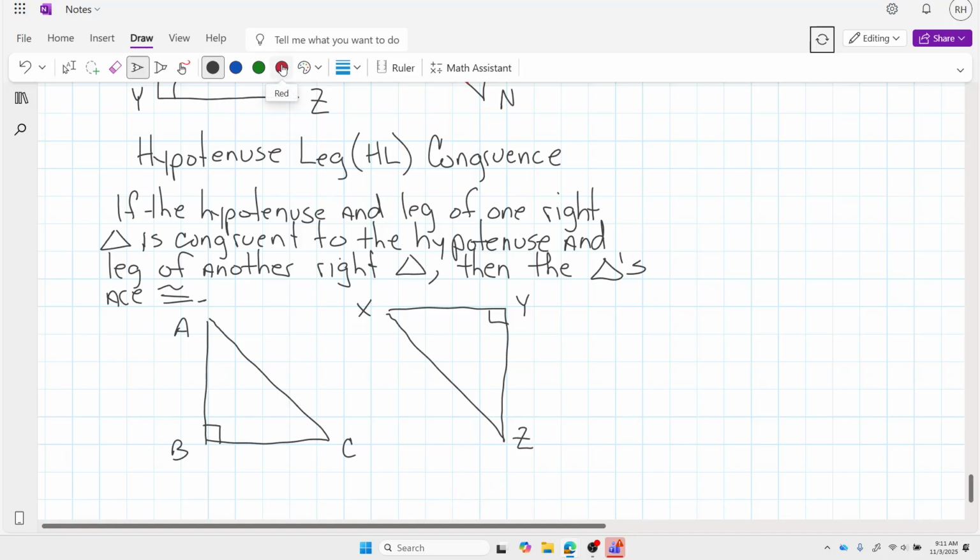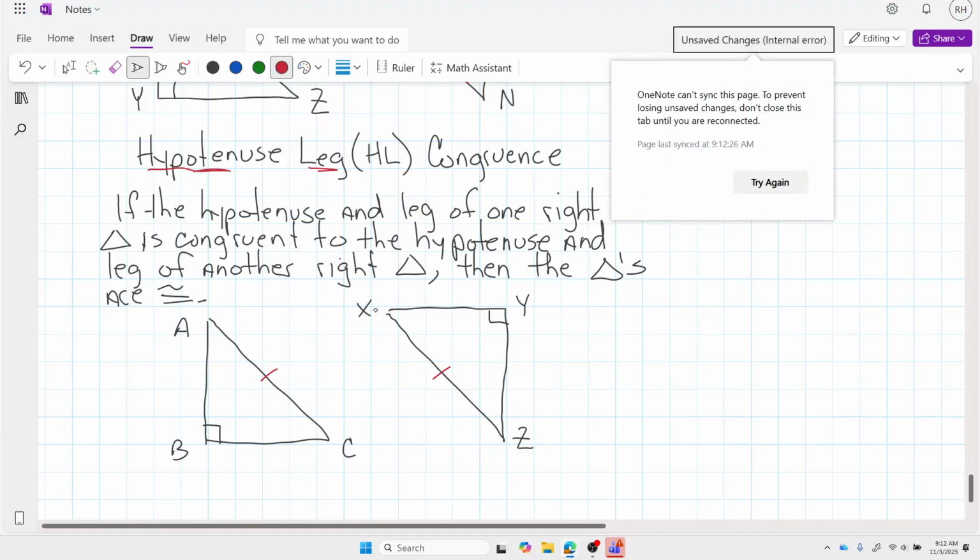All right, so if you had to prove these triangles congruent using hypotenuse leg congruence, what side in the triangle on the left has to be congruent to what side in the triangle on the right? Anybody? You're going to use hypotenuse, leg. So wouldn't a hypotenuse have to be congruent to hypotenuse?